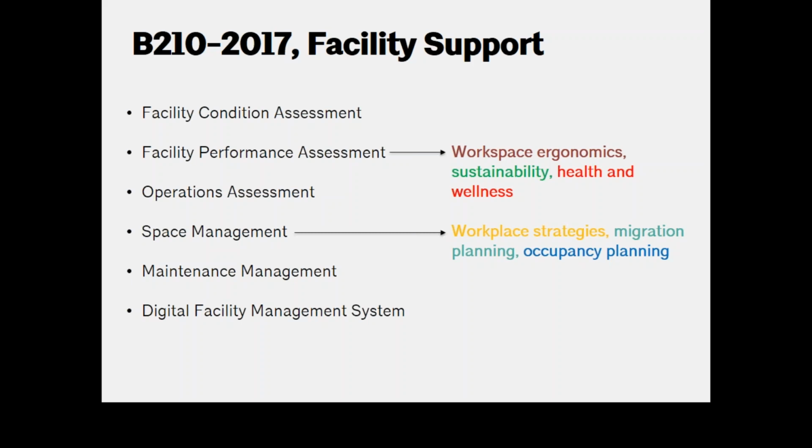First is a facility condition assessment. And this is a visual assessment that an architect is going to be doing on various components of the work of an existing facility, like the interior or exterior or MEP systems.